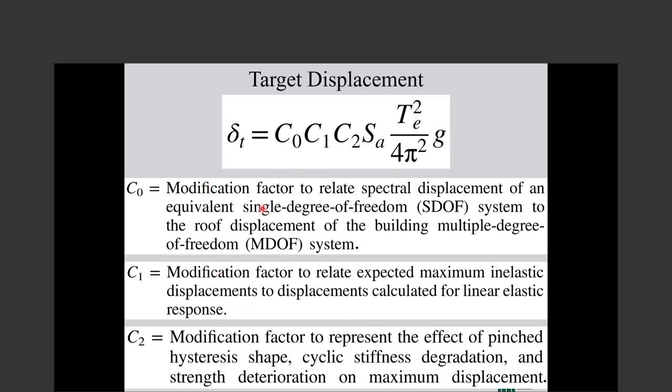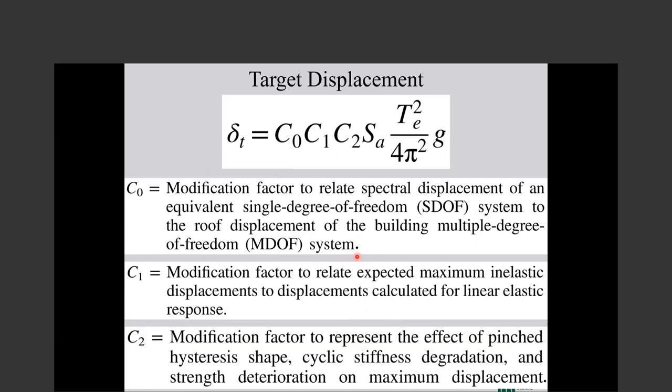Quickly for now, look at the long description of them, but later we will focus on each. So C0 is modification factor to relate spectral displacement of an equivalent single degree of freedom system to the roof displacement of the building multiple degree of freedom system.